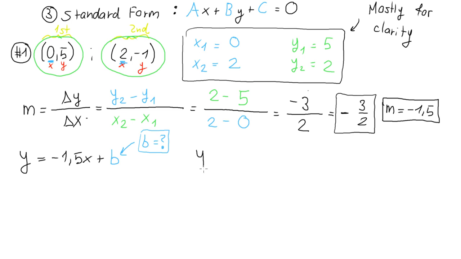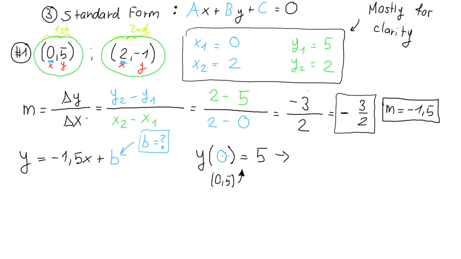So we write it as this. If you plug in 0 for x, the result has to be 5. This is true because the coordinates are 0 and 5. This has to be true.